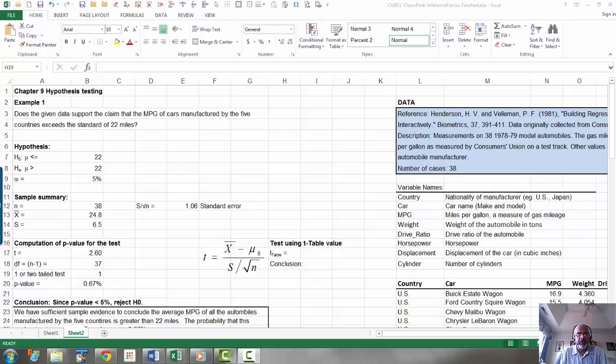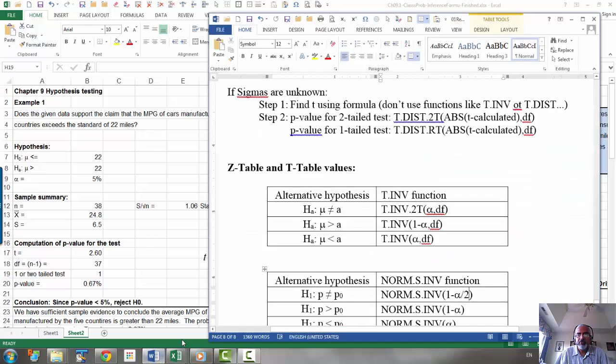Now let's look at how to do the same test using the t-table value. We just completed the test using the p-value. If the p-value is less than alpha, then we reject the null hypothesis. Now if we use the t-table value, here is how we will select the t.inv function.